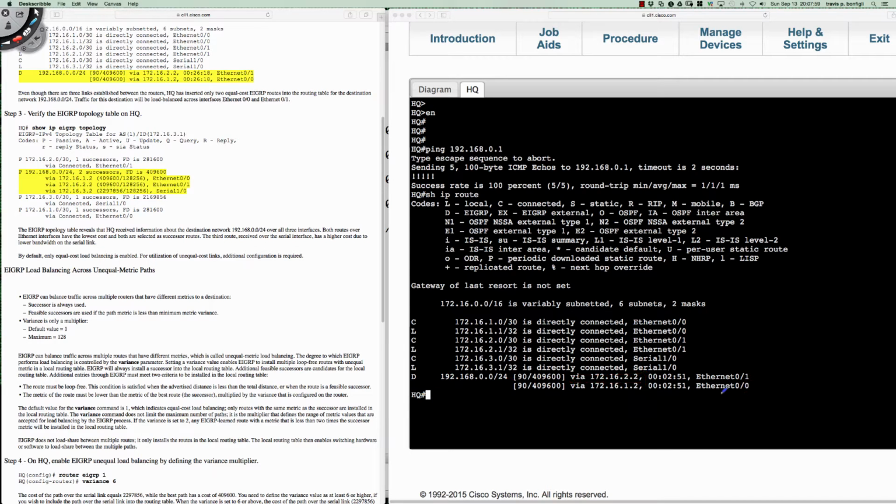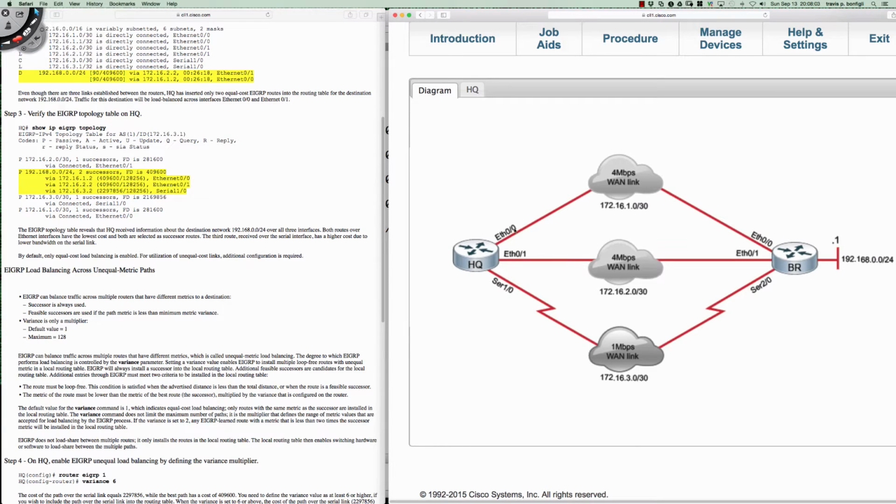If we were to clear this and take a look at the diagram, we can see that the two equal cost paths are going to be out these two interfaces here, Ethernet 0.0 and Ethernet 0.1. Obviously this 1 megabit per second link is not as quick as the 4 megabit per second links, which are going to be chosen as the successors. And that's what we see in our routing table right over here on the left hand side.